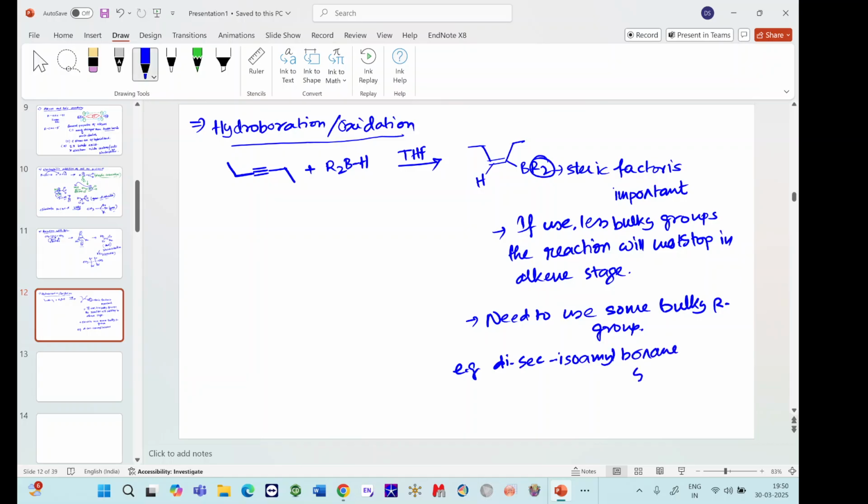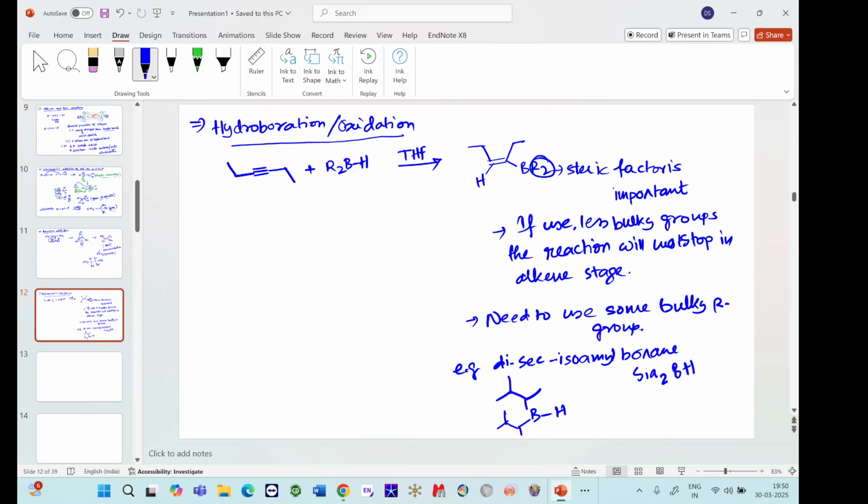So we write it as Sia2BH, and the structure is like this. Okay, so that it will stop at this one step.